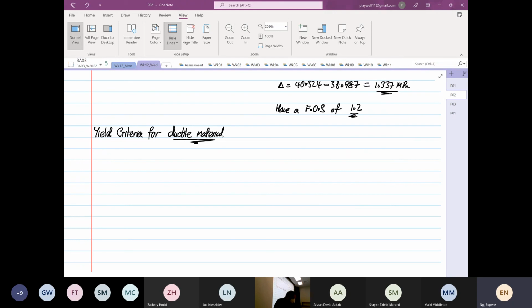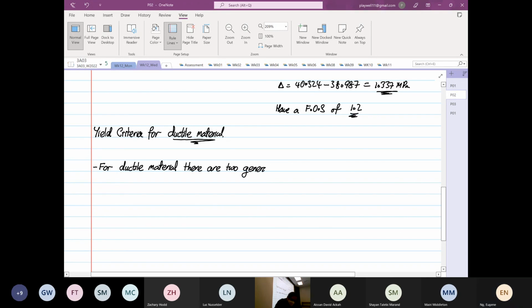And I'll highlight what we mean by brittle and what we mean by ductile. Okay, so for ductile material, there are two general types of yield criteria.